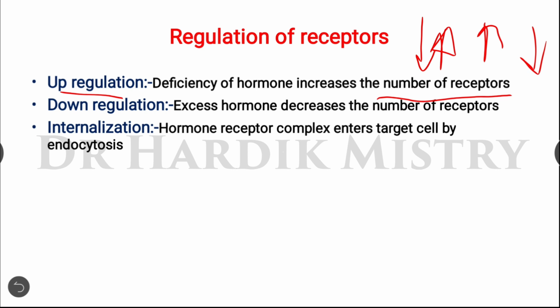Now internalization. The hormone-receptor complex enters the target cell by endocytosis. Once the hormone binds to the receptor, this hormone-receptor complex enters the target cell through which the response is going to occur, by endocytosis.